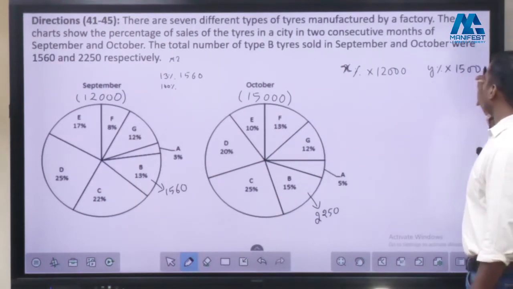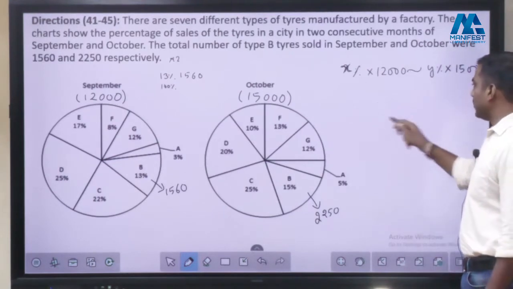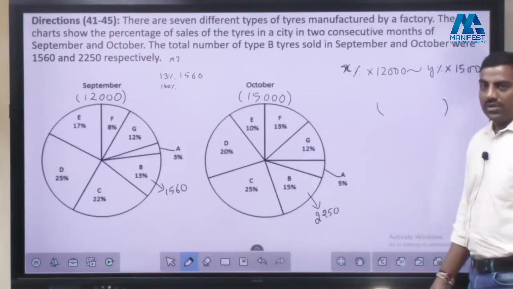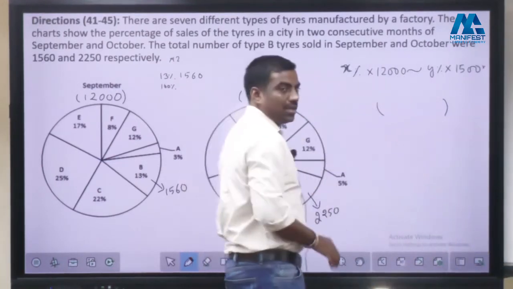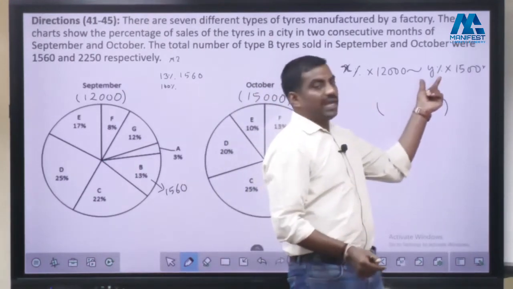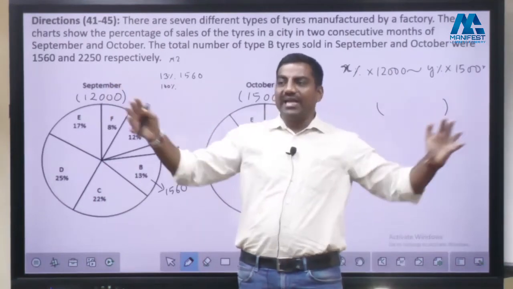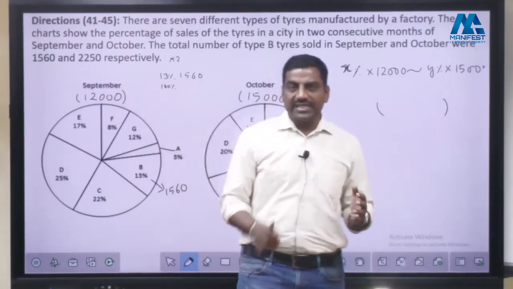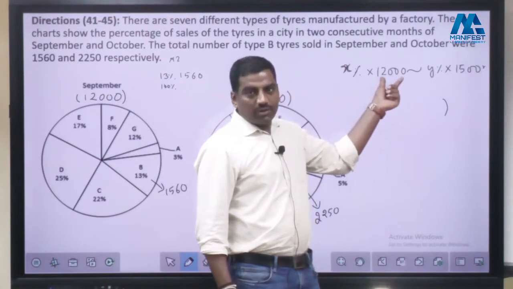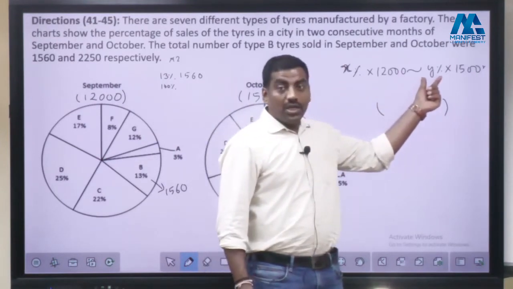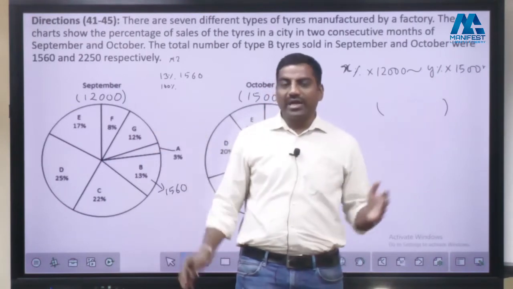And whatever the difference that you get should be the maximum possible. So here you are multiplying X with the smaller number and Y with the bigger number. If this difference has to be very wide, you multiply the smaller number with 12,000 and the bigger number with 15,000 so that the difference gets widened.